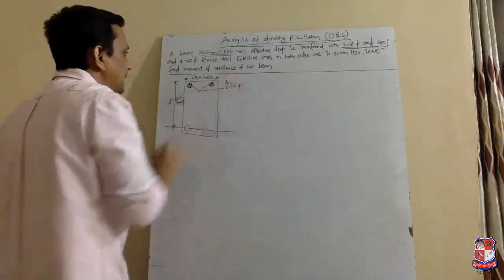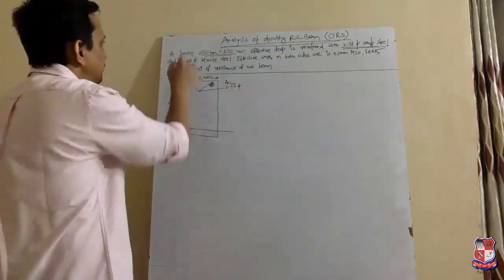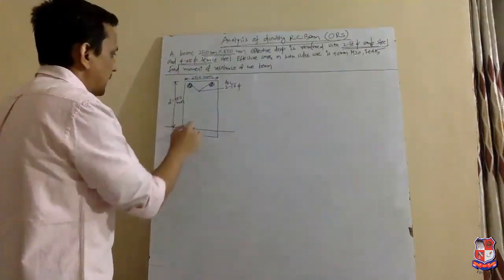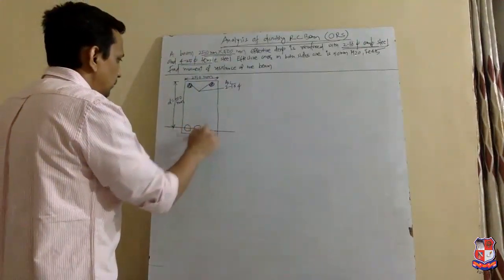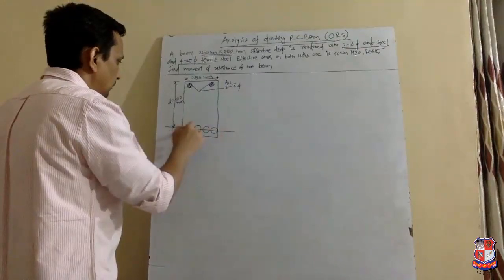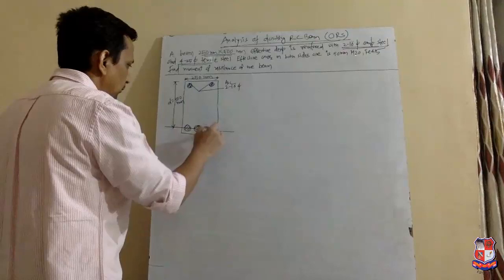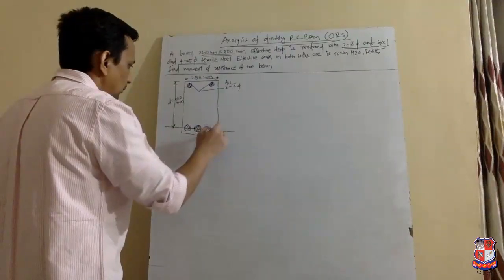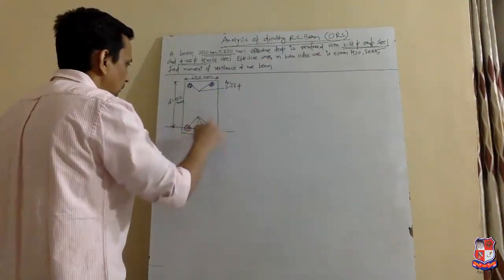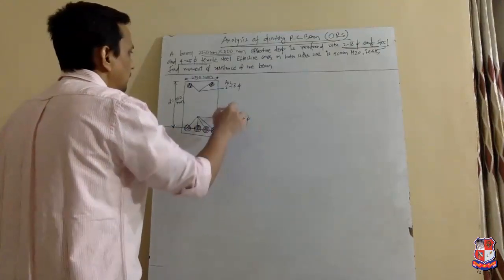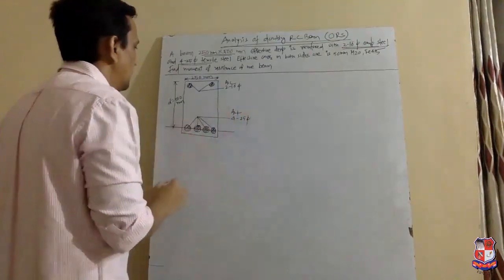This is called ASC. And in the tension zone, 4 number 25 mm dia bars are provided, and this is called AST.